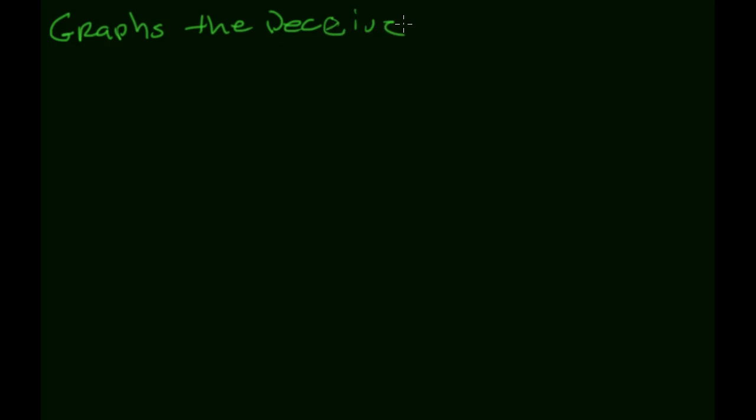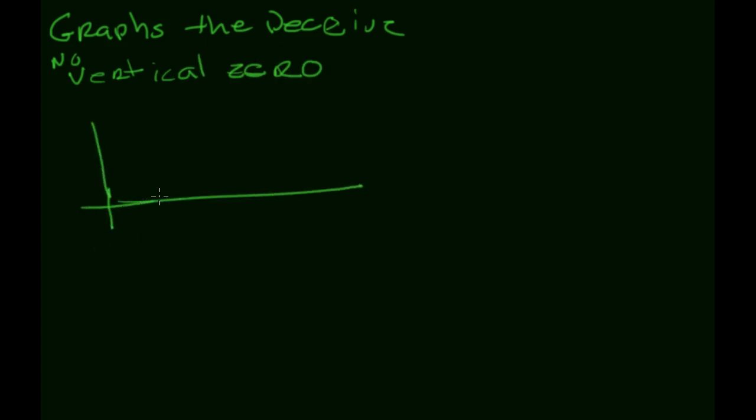One way that we can do this is by building graphs that don't have a vertical 0. So here's what's going on. You have a graph, maybe a bar graph, and you start this at 9100.